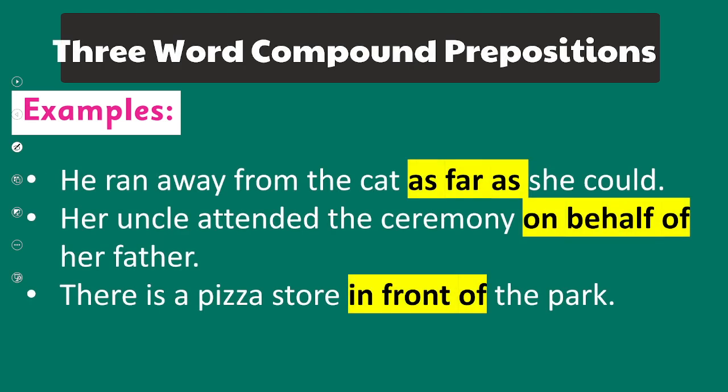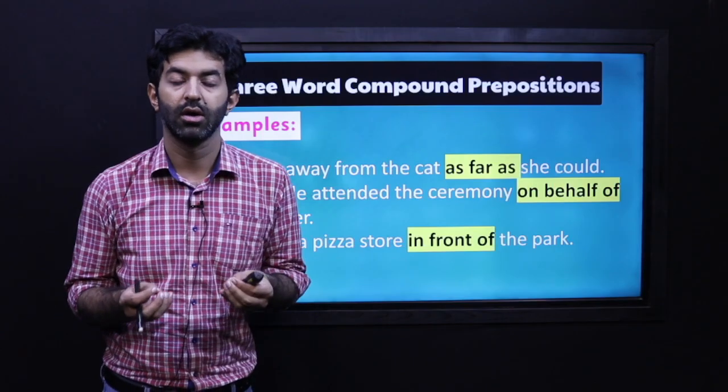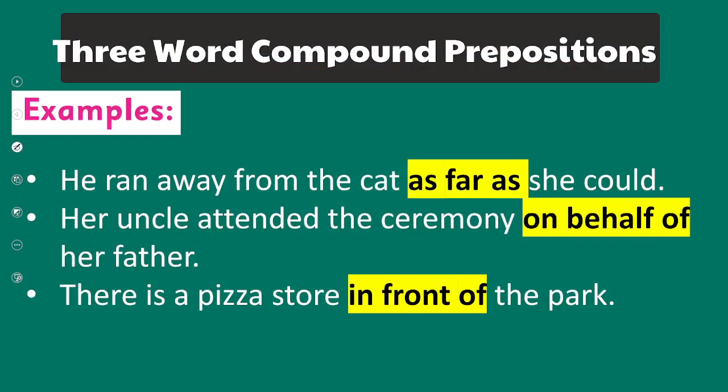Now, let's talk about three-word compound prepositions. He ran away from the cat as far as he could. Now, he ran away from the cat. How much did he run?